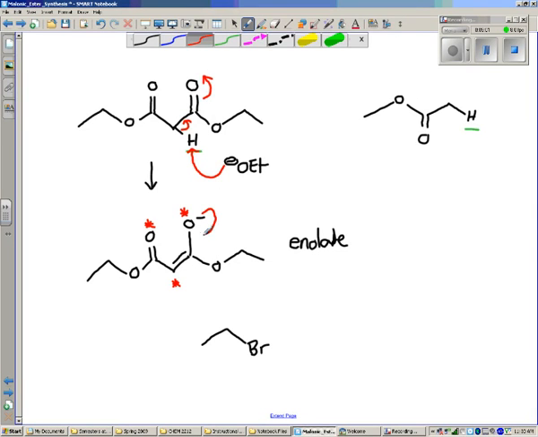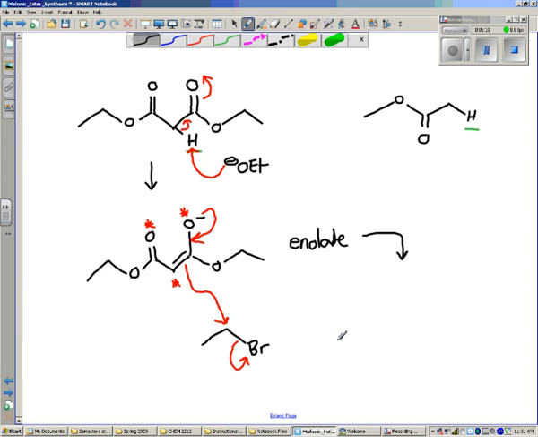The O-, what it's going to do is to do what it always does, unless it can protonate, and we haven't thrown in our H+ yet. It will send its electrons back down to the carbon-oxygen bond, reforming the carbonyl, and then these electrons come out and attack this carbon. Now, I talked in a previous video about how we know exactly which of these 2 carbons the alkyl group goes onto, so I'm not going to spend too much time on that here.